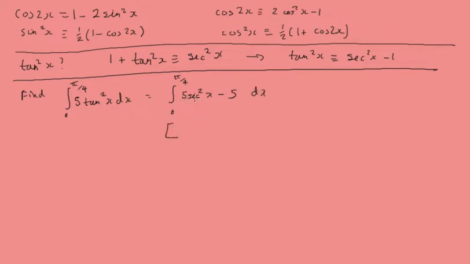Now we can integrate. We know the integral of sec squared is tan, so that's going to give us 5 tan x minus 5x, and the tangent of pi over 4 is 1, so it's going to be 5, minus 5 pi over 4, minus 0, because we have 0 and 0.